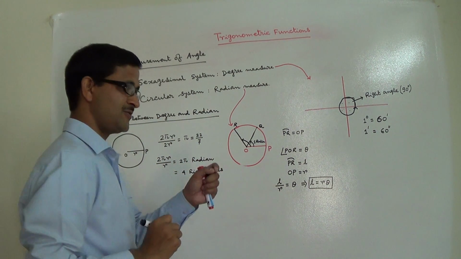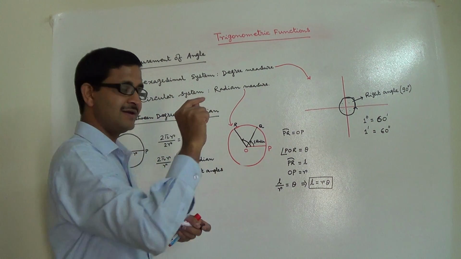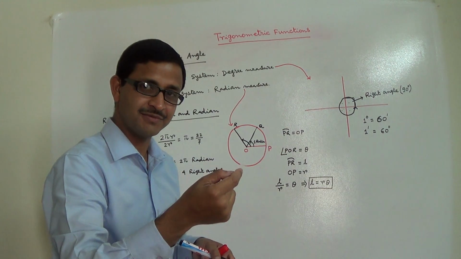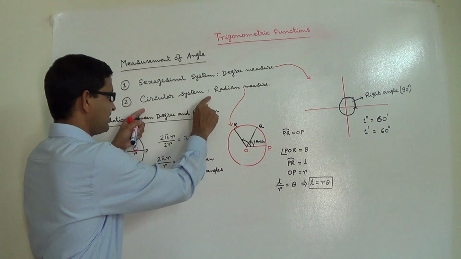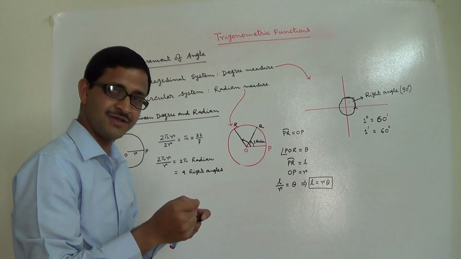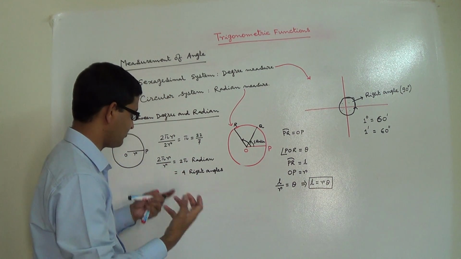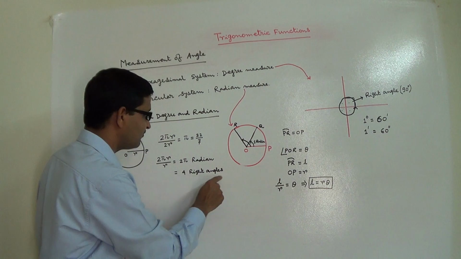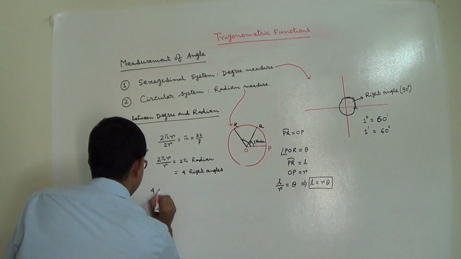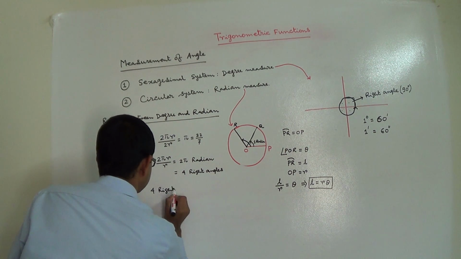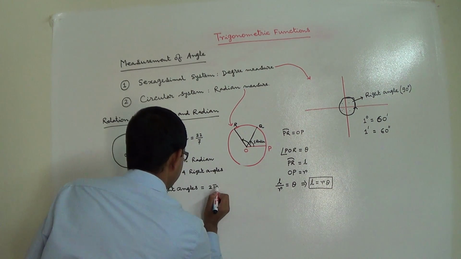Clear? Now initially we discussed that in the sexagesimal system, which is under degree measurement, a right angle is the unit, and in the circular system, which is under radian measurement, radian is the unit. So the relationship we draw now is that 2 pi radian is equal to 4 right angles. So 4 right angles is equal to 2 pi radian.